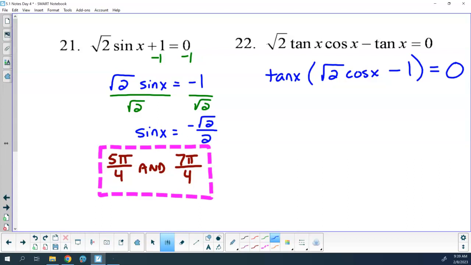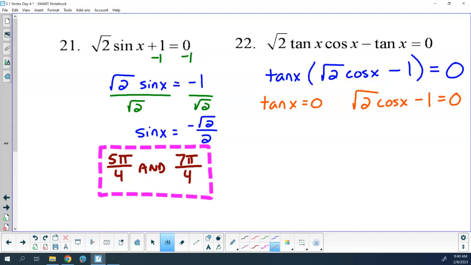The zero product property says that if I've got something that's factored and it's equal to 0, then one of the factors or both of the factors must equal 0. Because the only way that you can multiply to be 0 is if one or all of the parts are 0.